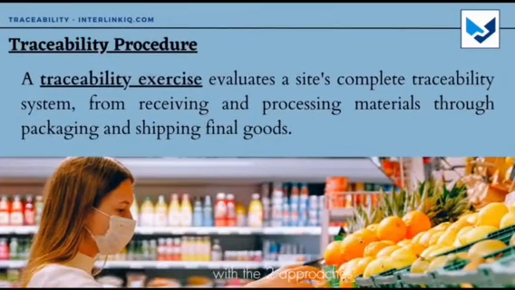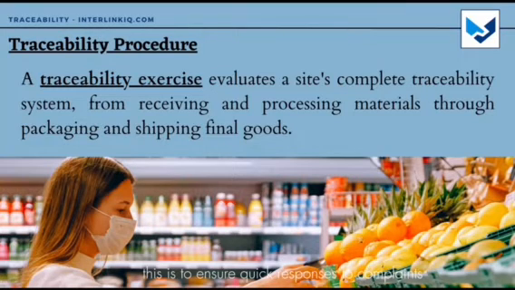Now that we are familiar with the two approaches of traceability, let us proceed to the step-by-step procedure in conducting the traceability. Traceability exercises should be performed at a defined frequency, such as annually, and should include both forward and backward tests. The organization should also maintain a defined length of time or duration in conducting the traceability.